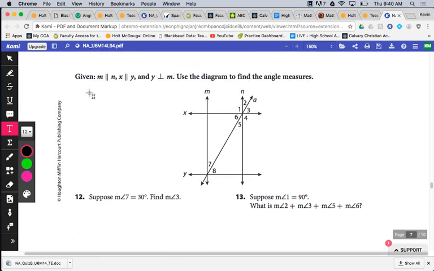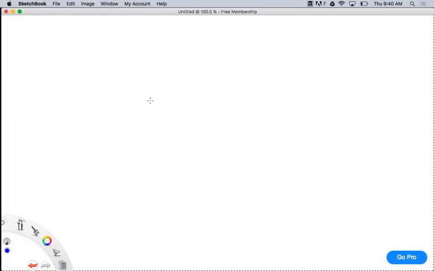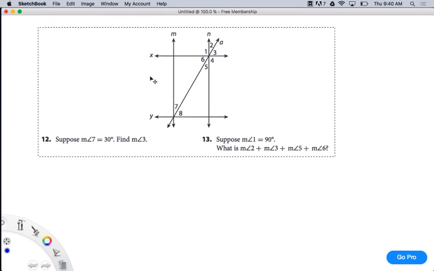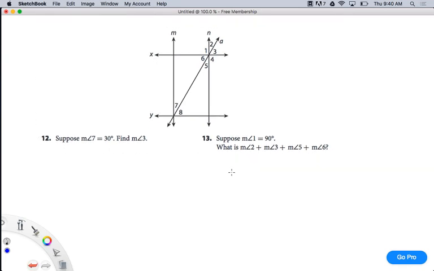Next thing I want to go over is just number 12 and 13. And we're just about there. Okay, number 12 says suppose measure of angle 7 is 30 degrees. Find angle 3. So it wants me to find angle 3. So this angle 7 is 30.